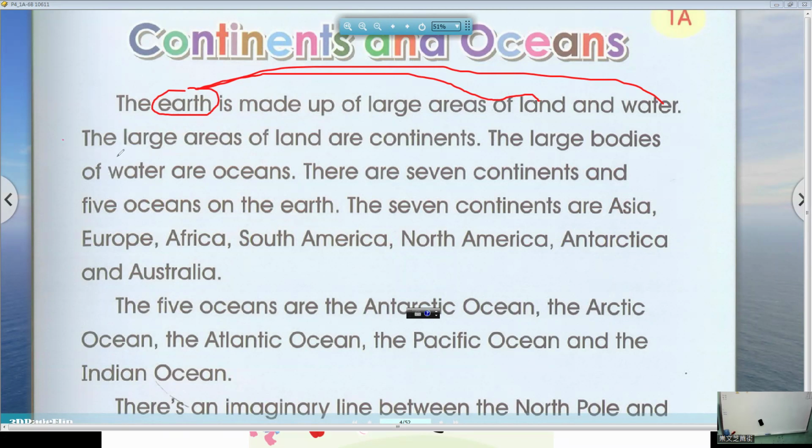The largest area of the land, the continents. Stop, just one sentence. So the large areas of land, that is called continents. If you want to underline, it's okay.